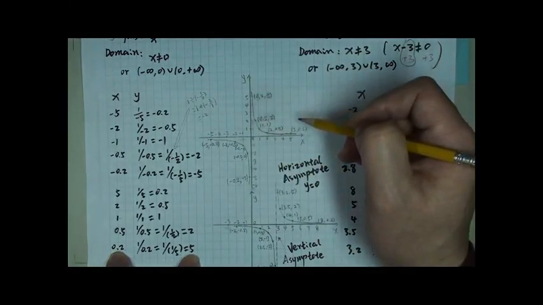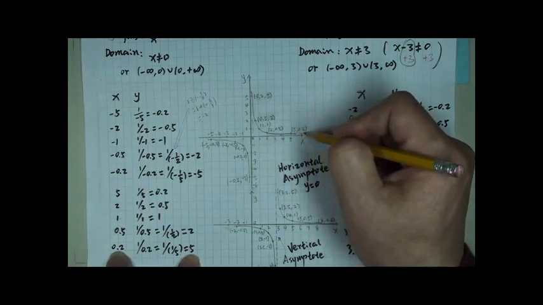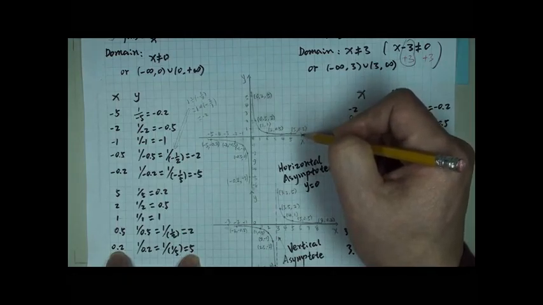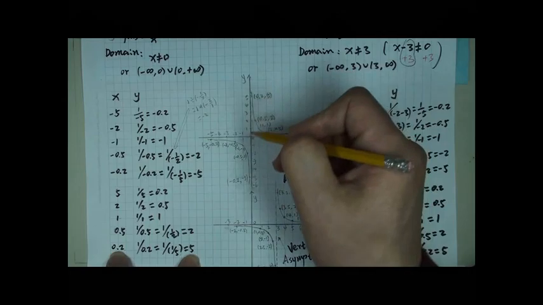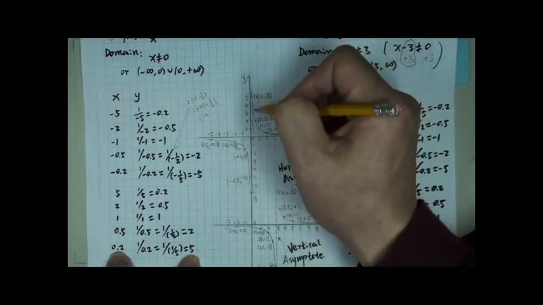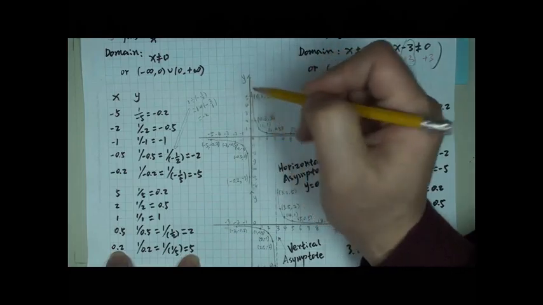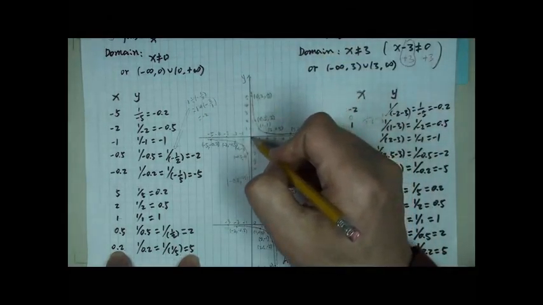Again, you can see right here, as x goes to infinity, getting bigger and bigger, this curve will be very close to the x-axis, but never touch the x-axis. Similarly, as x goes to 0 from the right-hand side, from the positive side, this line can be very close to the y-axis, but never touch it, because x cannot be 0.